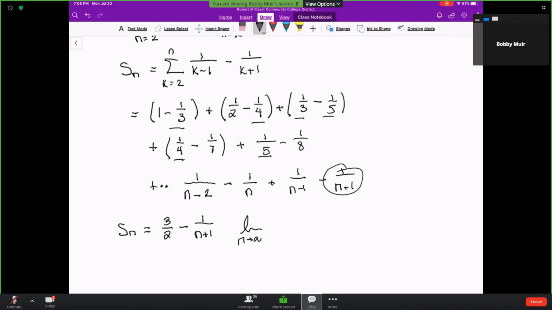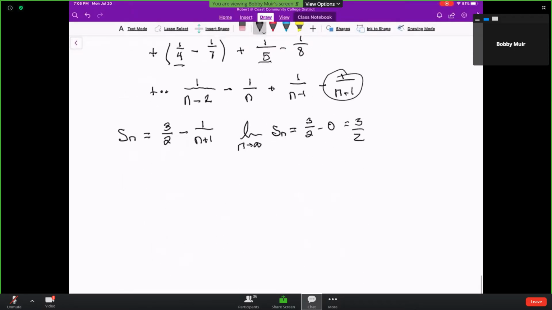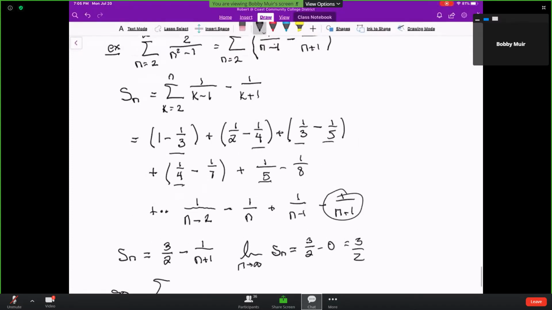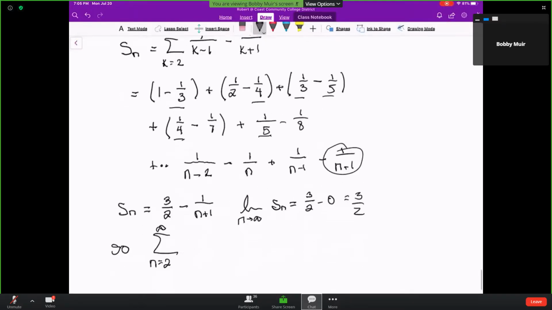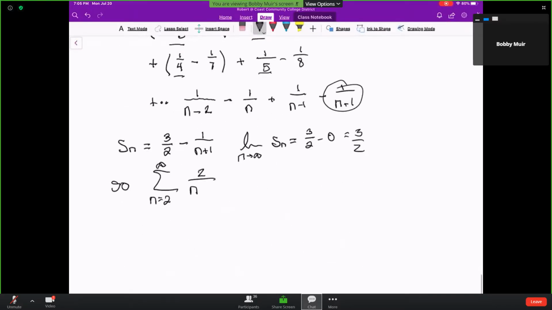The limit as n tends to infinity of Sn is 3/2 minus 0, which is equal to 3/2. So I guess the moral to the story: the sum starting at 2 and going to infinity of this guy, 2 over n squared minus 1, converges apparently to 3/2.